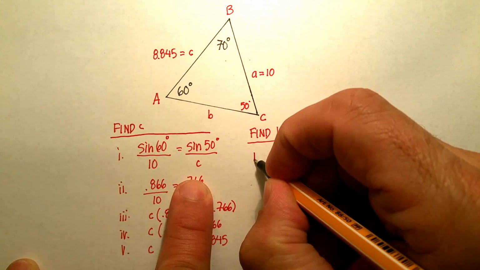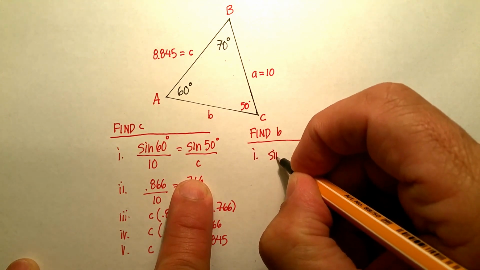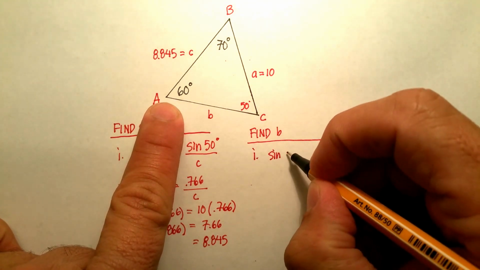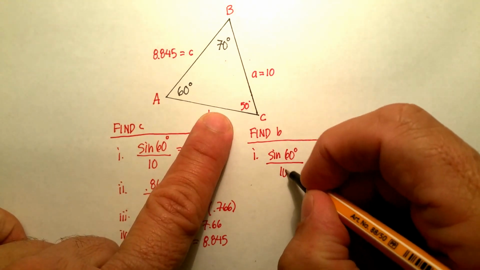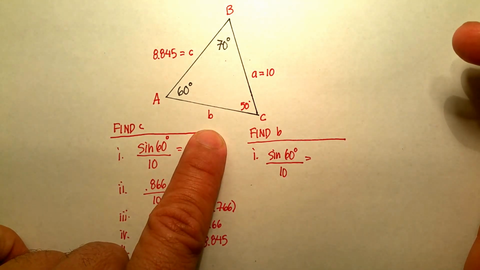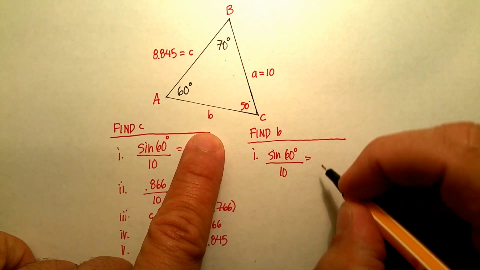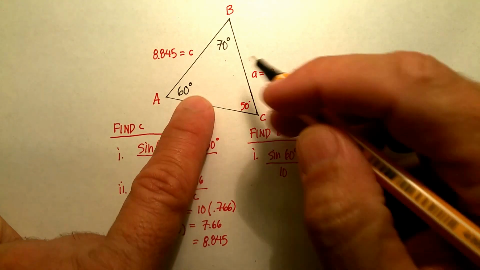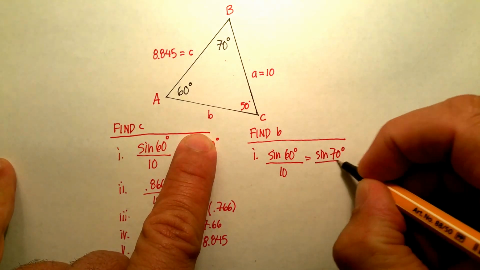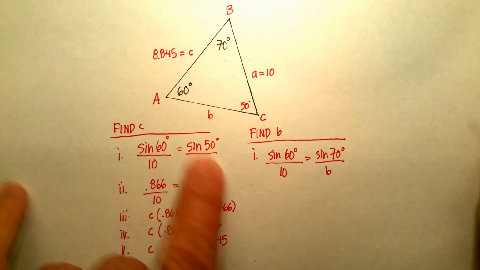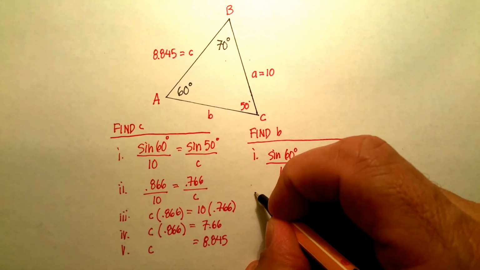So let's just go with the sine of 60 over 10 should be proportionate to the sine of 70 over our unknown, which is B.